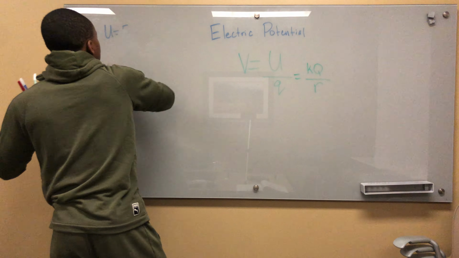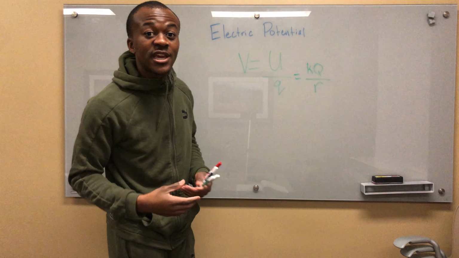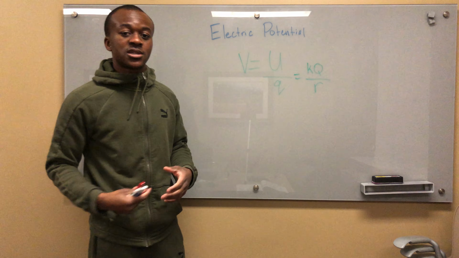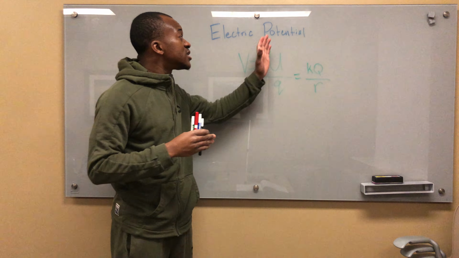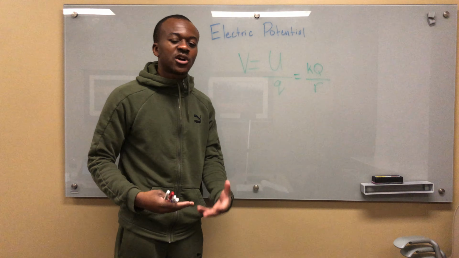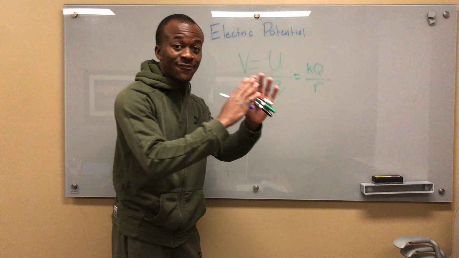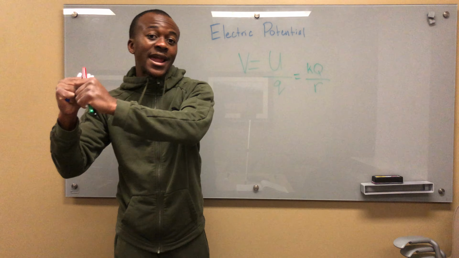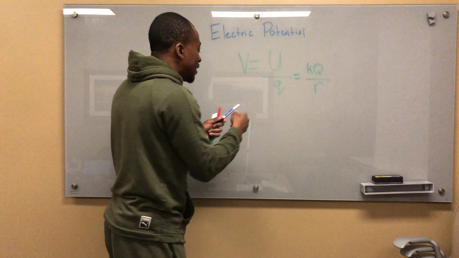So potential difference, or rather I shouldn't say that this is voltage yet. This is volts, right? This is your electric potential. Now when you hear something potential difference, that's what we talk about called voltage. Now if I have a difference from where I'm starting to where I end, right? That's my potential difference. So we can also write it as this.